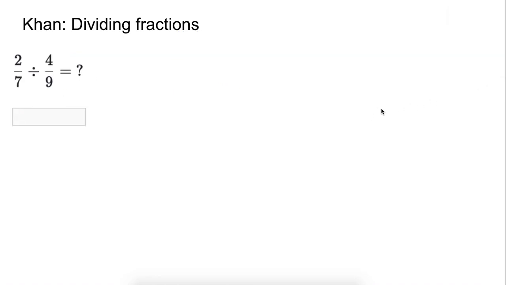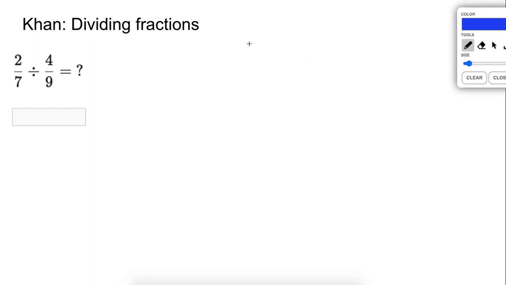Okay, so this one we have 2/7 divided by 4/9. So our equivalent multiplication problem would be 2/7 times the reciprocal of 4/9, which is 9/4. So it's just that fraction flipped. Okay, and then we just multiply straight across, so that would give me 18/28.